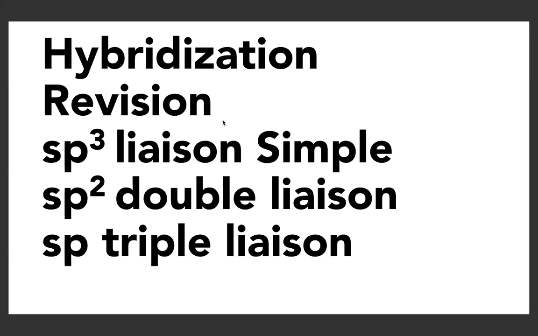So it's one sigma bond and two pi bonds. That is it with hybridization, and it forms a linear shape with an angle between the adjacent atoms of 180 degrees. So are there any questions on hybridization before we go into nomenclature?